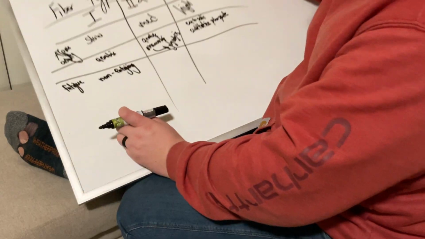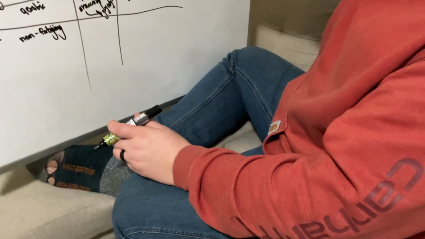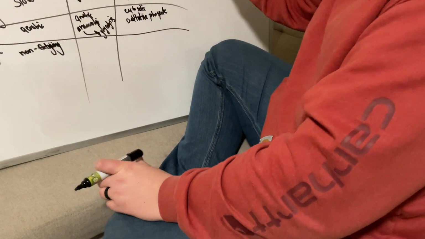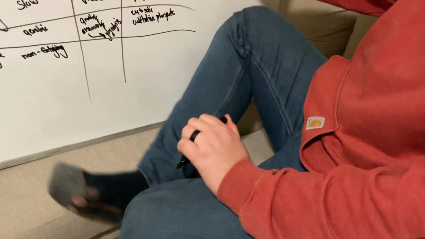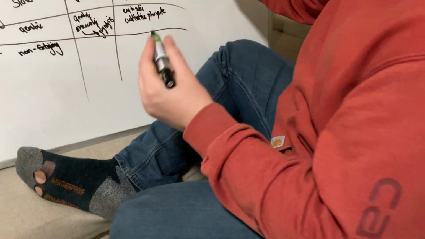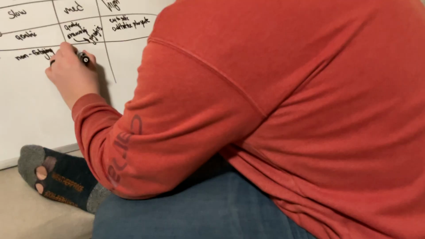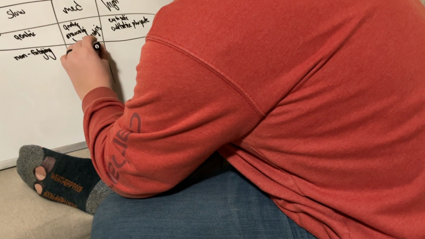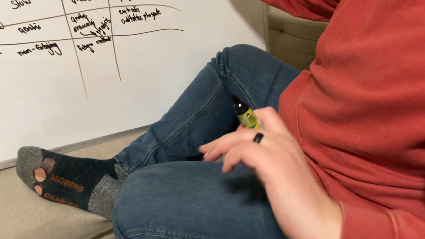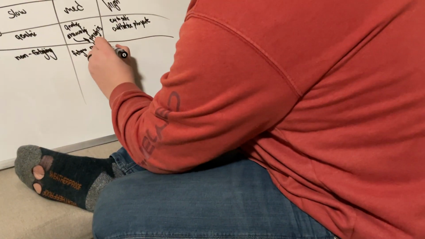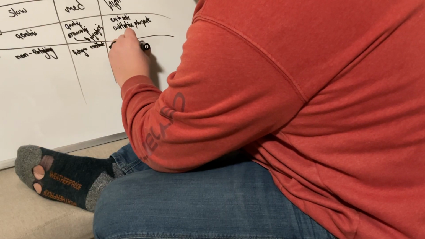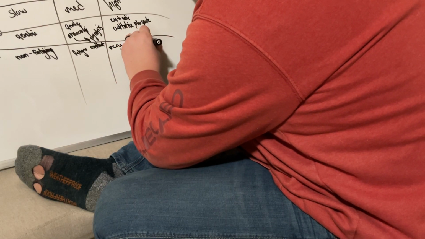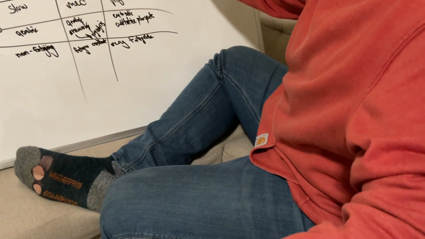If you're just standing, you can stand indefinitely and your legs don't get tired. It's non-fatiguing. For type 2A, it's fatigue resistant. And type 2X, it's pretty easy to fatigue them. Fatigable, that's what we're going to call it.